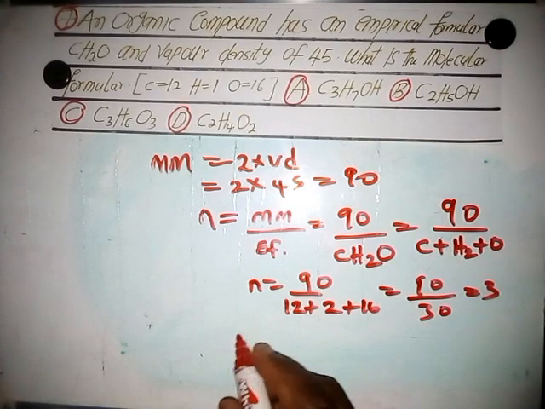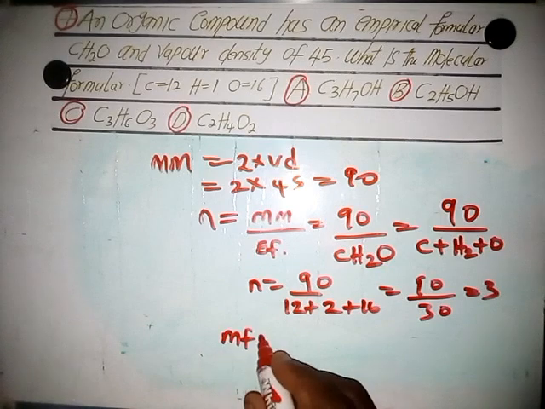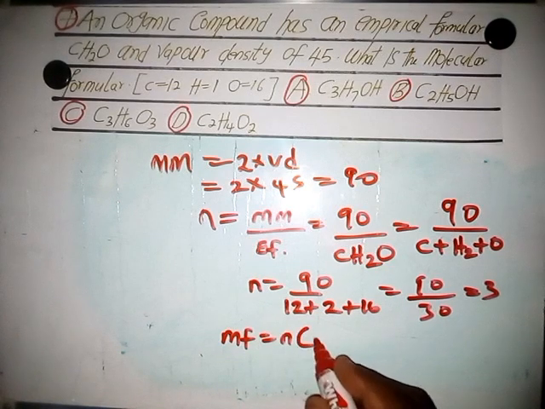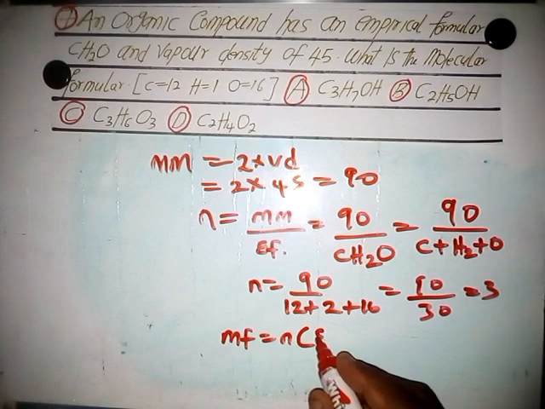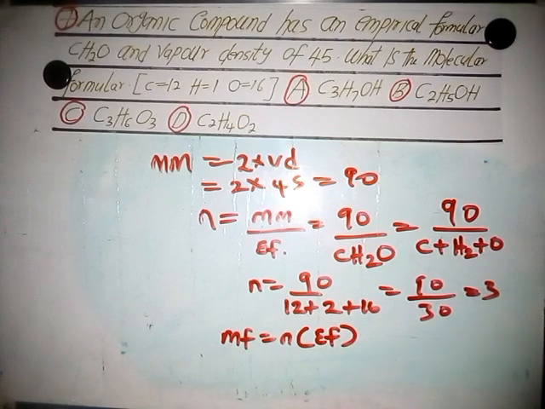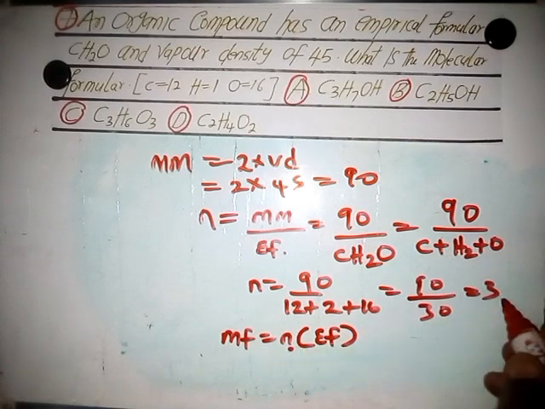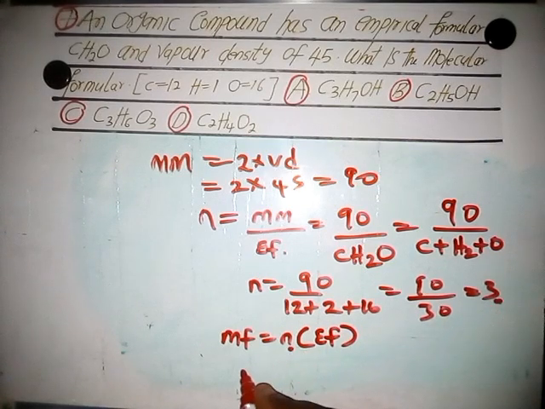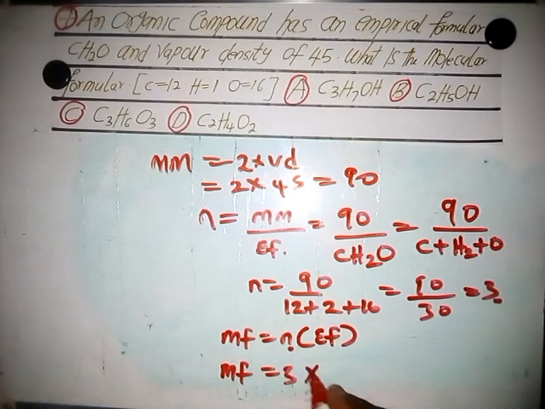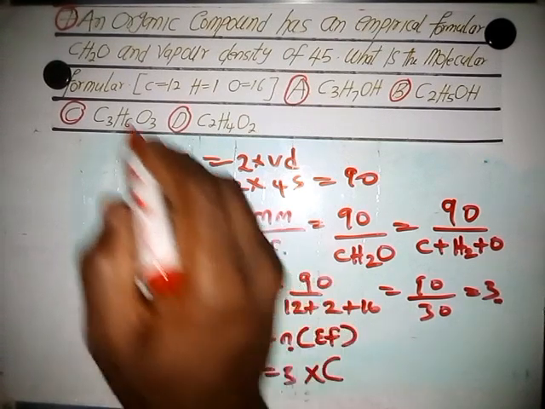n is 3. So remember, molecular formula is n bracket empirical formula. n is this 3 you've calculated. So the molecular formula is 3 times the empirical formula.